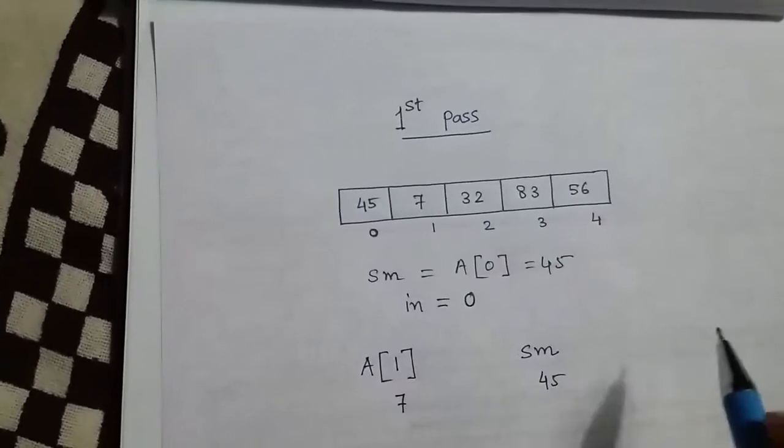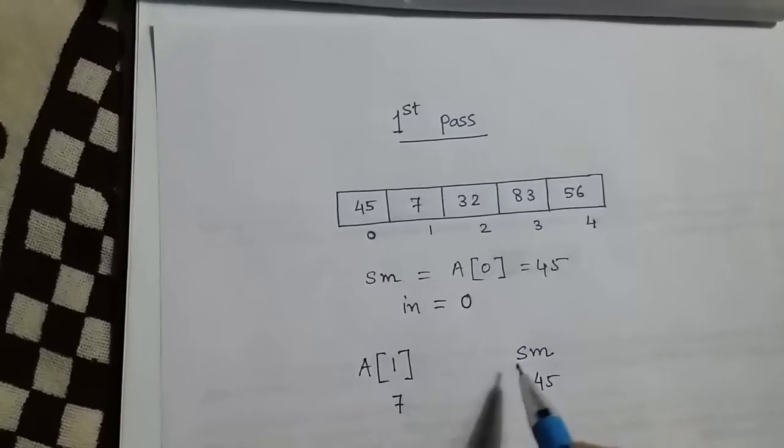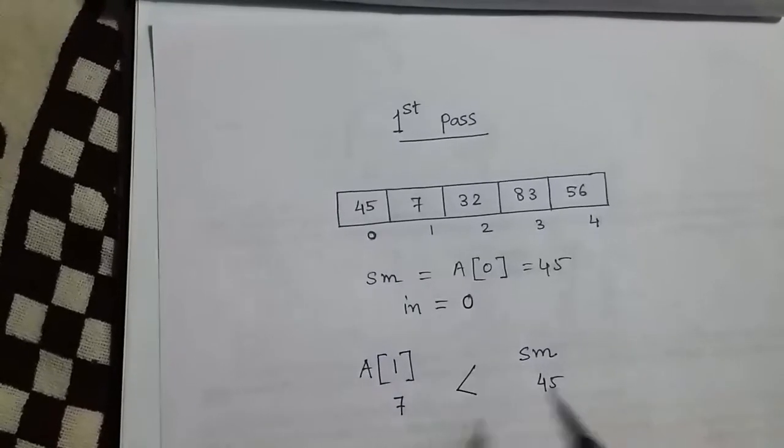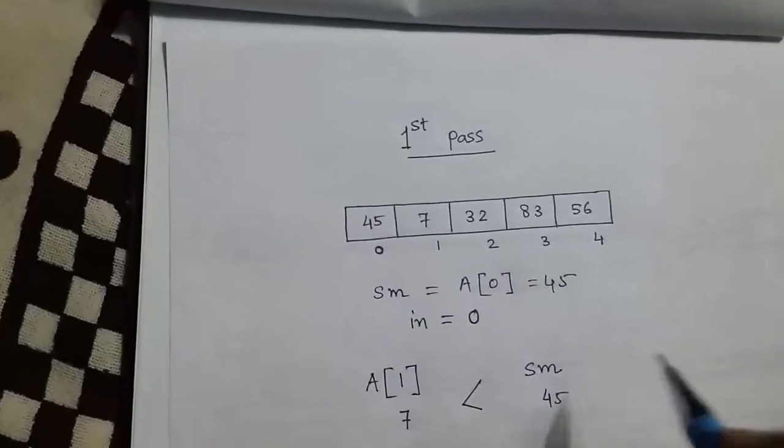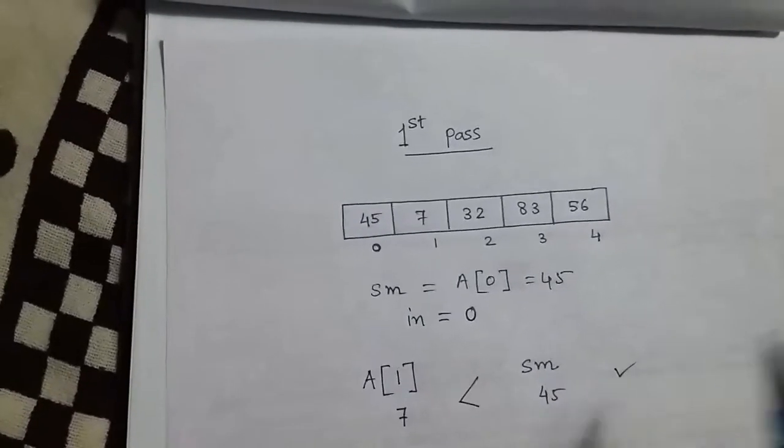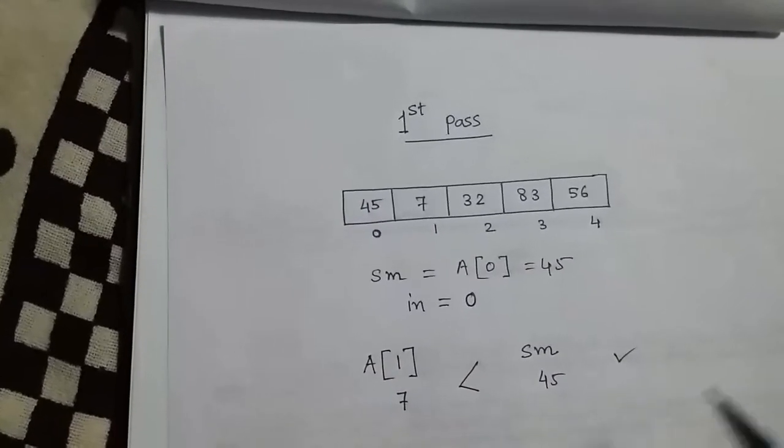So we will compare. Is a of 1 smaller than sm? Obviously 7 is smaller than 45. So the condition is satisfied. So the value of sm will be changed.